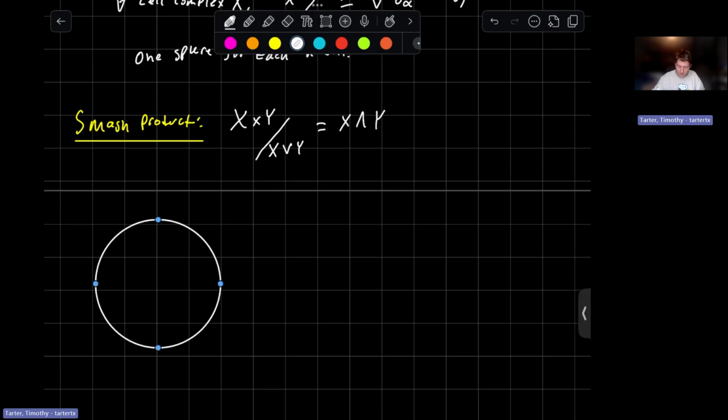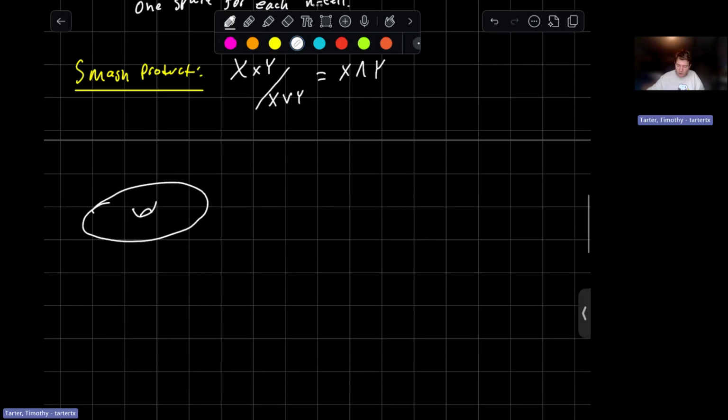So given a torus, on a torus, you have this outer ring, and then you have the inner line, which I'm not really drawing well, so I'm just not going to draw the inner line because it seems to be less important. But this is S1 prod S1.